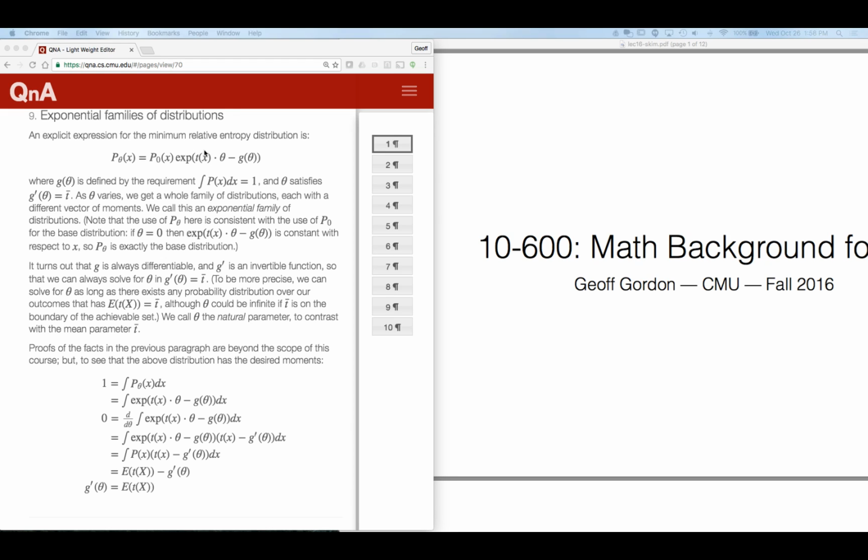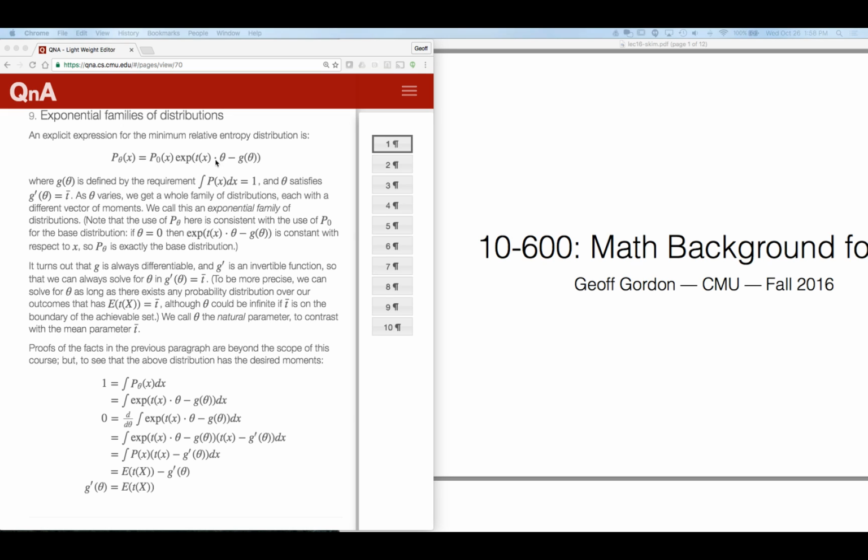We have our moments, so this is our feature function. Remember, t of x is our vector of features for a particular point x. And we're going to have a parameter theta. So it's going to be e to the t dot theta. The probability of x is going to be proportional to e to the t of x dot theta.